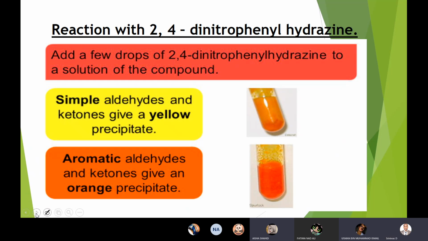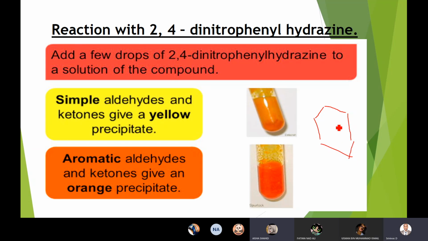Next, reaction with 2,4-dinitrophenylhydrazine. Before that, I'll show you the structure of 2,4-dinitrophenylhydrazine. For the phenyl group, you just need to write a benzene ring. Are you aware of the benzene ring? This is your benzene ring.